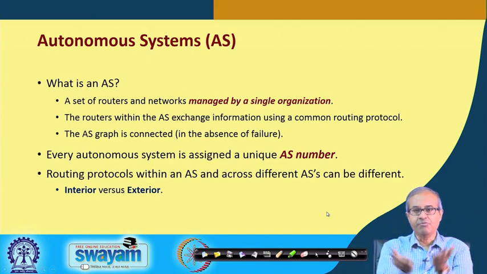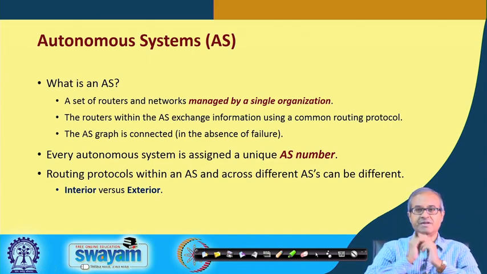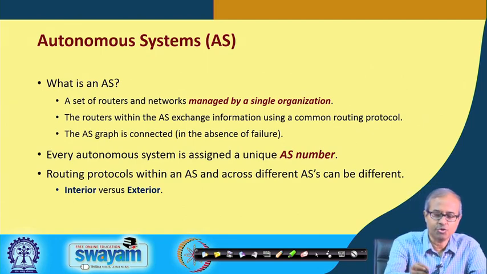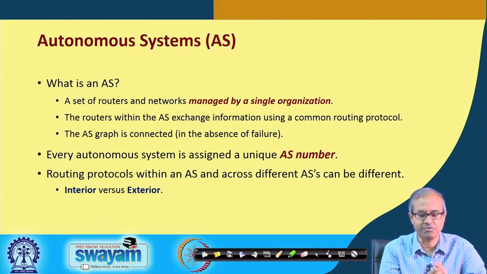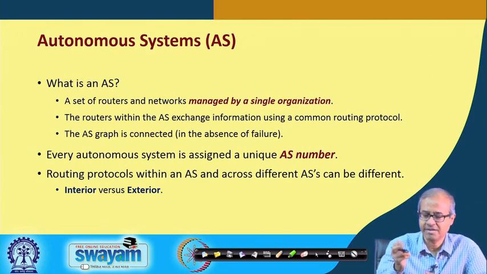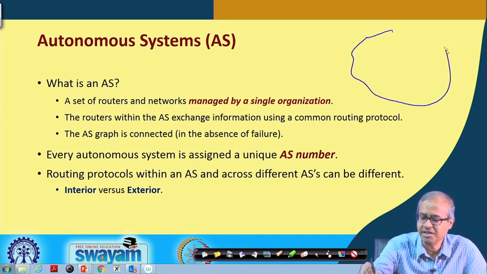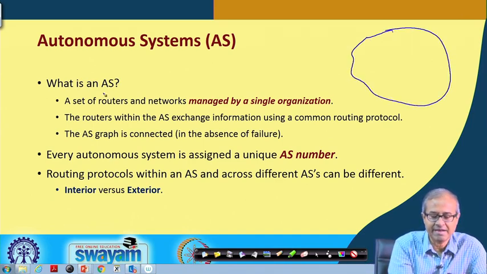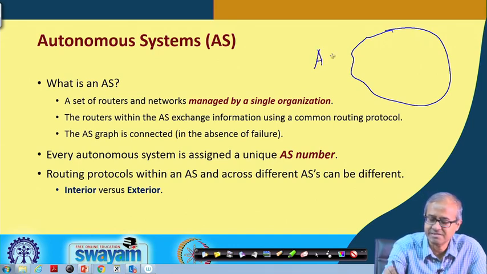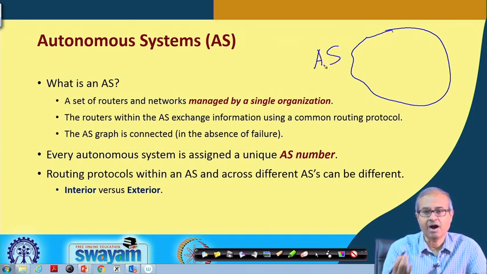Now, that boundary I was talking about technically is known as an autonomous system. Autonomous system is that imaginary boundary which I have just mentioned, or in short, an AS. And how do we define an AS?